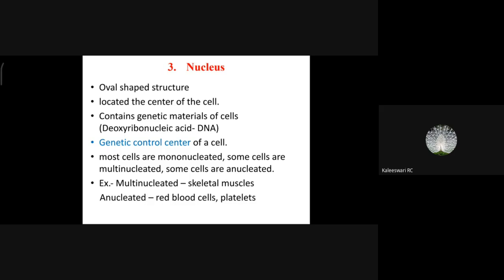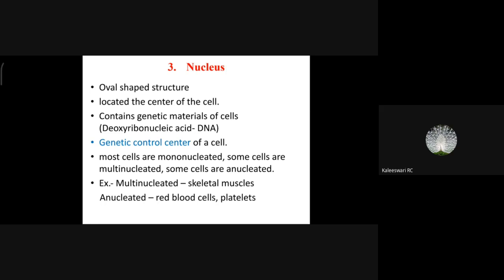Most cells are mononucleated, some cells are multinucleated, some cells are anucleated. Meaning there are variations in the cell. Some cells have only one nucleus. Some cells may have more than one nucleus, like 2 or 3, not more than that. But some cells may not have a nucleus at all.